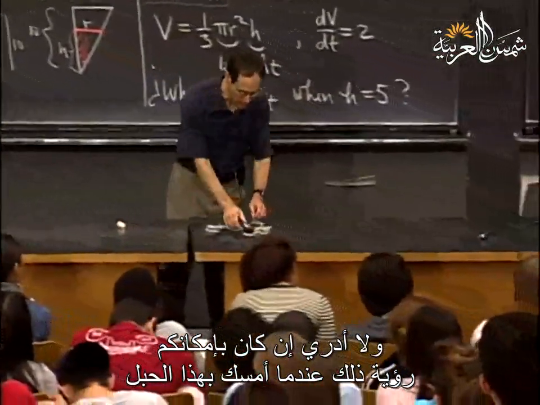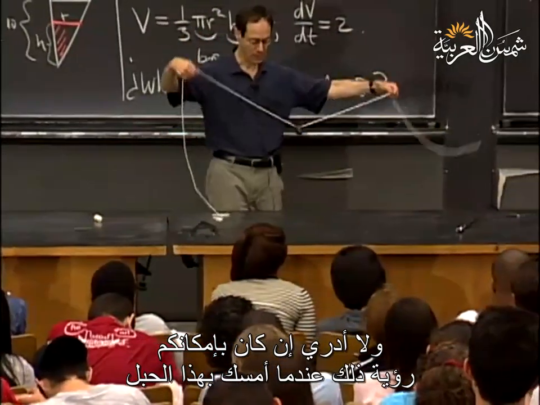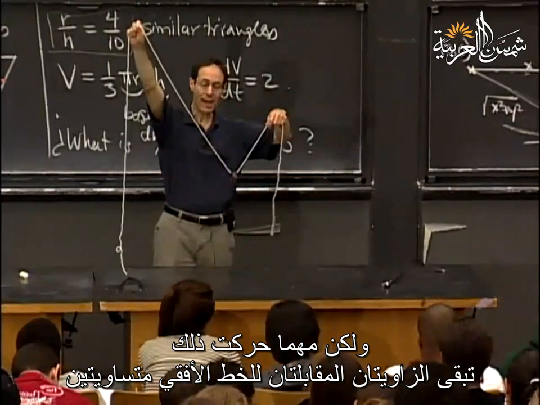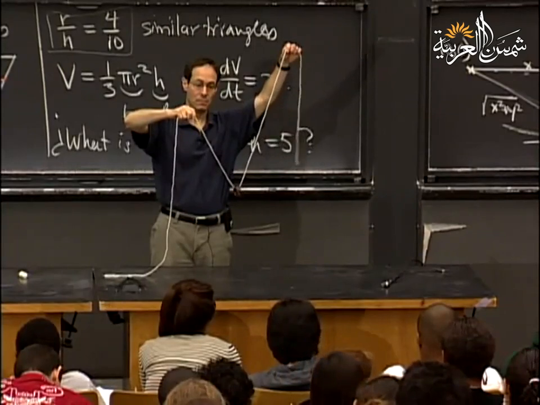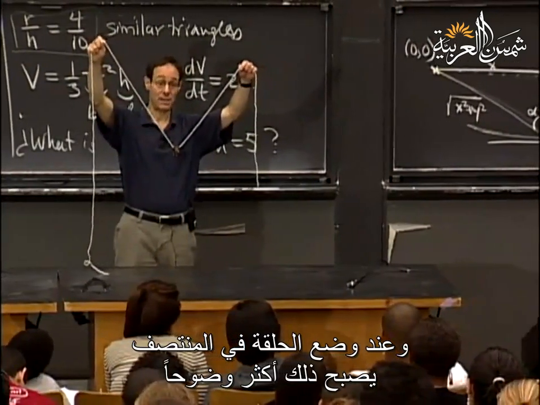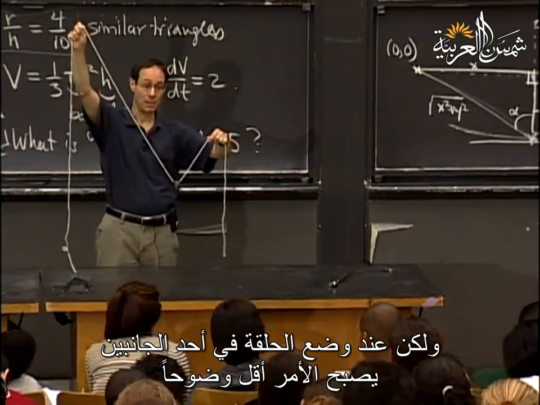I don't know if you can actually see it when I show you this thing, but no matter how I tilt it, actually the two angles from the horizontal are the same. All right? In the middle, it's kind of obvious that that should be the case, but on the sides, it's not obvious that that's what's happening.